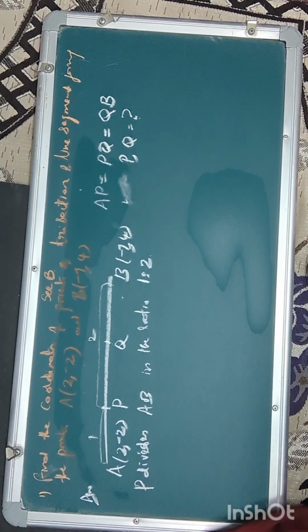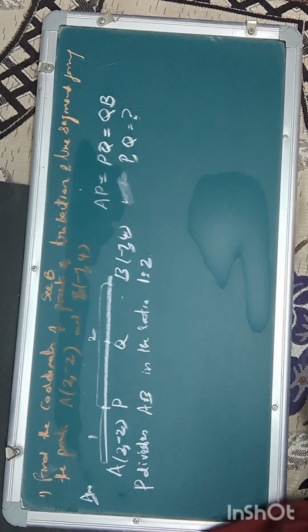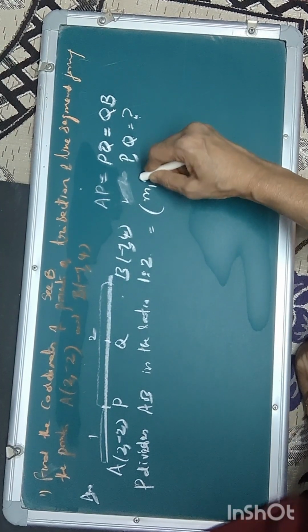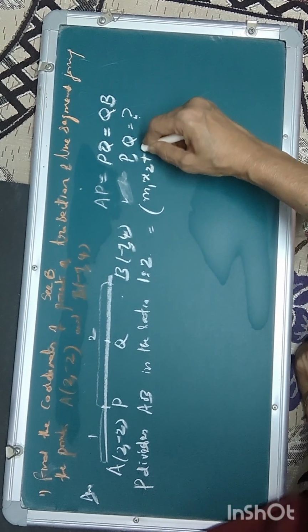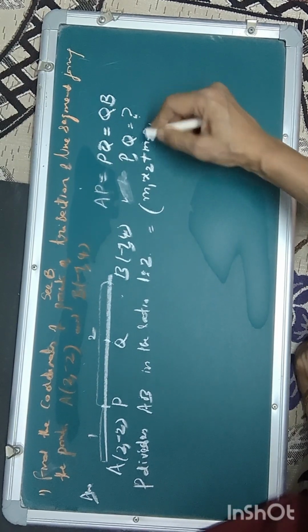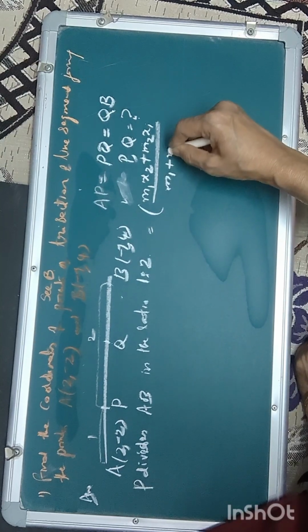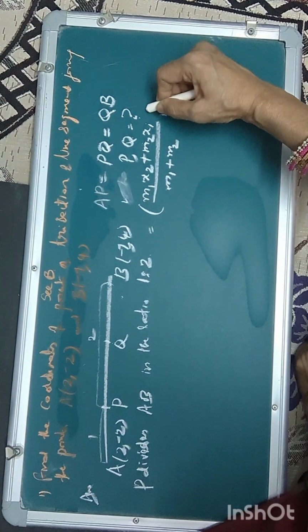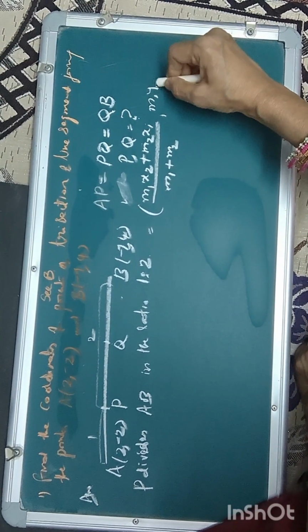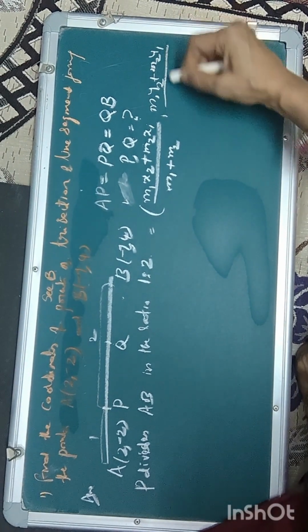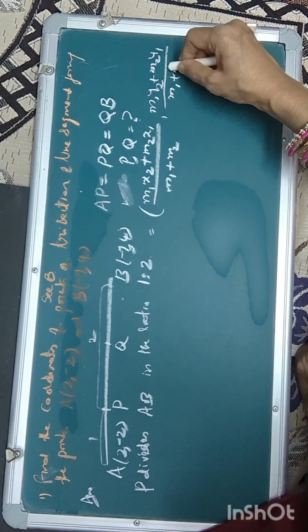For a line segment with endpoints (x1, y1) and (x2, y2) that is divided in the ratio m1:m2, the formula is (m1 x2 plus m2 x1) by (m1 plus m2), and (m1 y2 plus m2 y1) by (m1 plus m2).